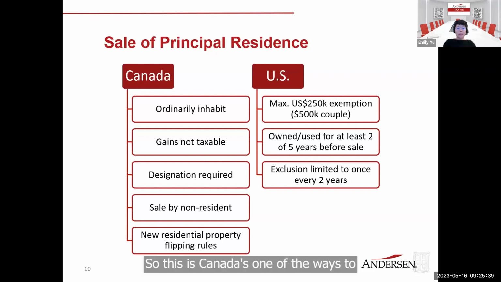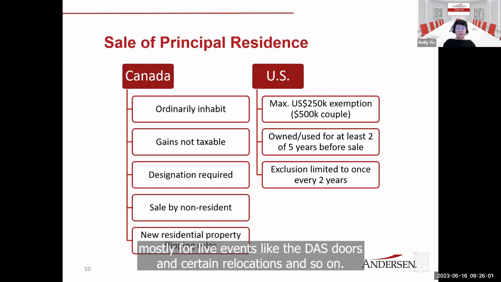This is one of Canada's ways to improve affordability and ensure that people live their lives with a principal residence as their home rather than an investment. There are exceptions to the deeming rules, mostly for life events like death, divorce, and certain relocations, and so on.